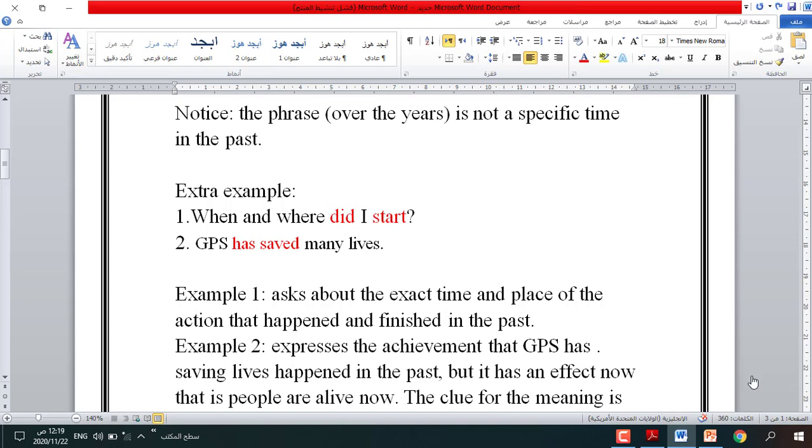In example 2, we can see that it expresses the achievement that GPS has.